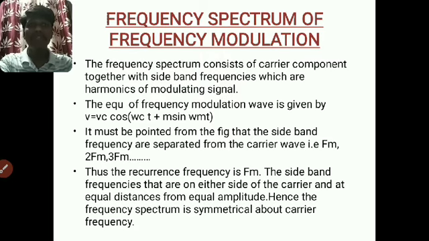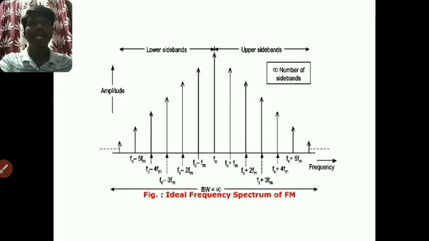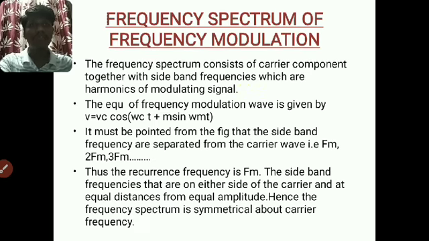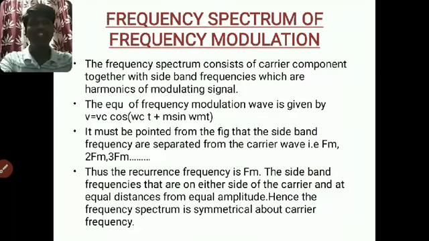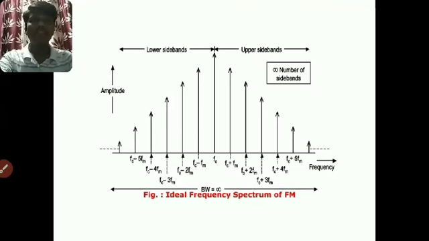The sideband frequencies are on either side of the carrier at equal distances and with equal amplitude, hence the frequency spectrum is symmetrical about the carrier frequency. This is the frequency spectrum of frequency modulation.